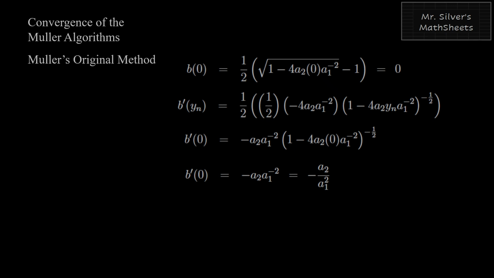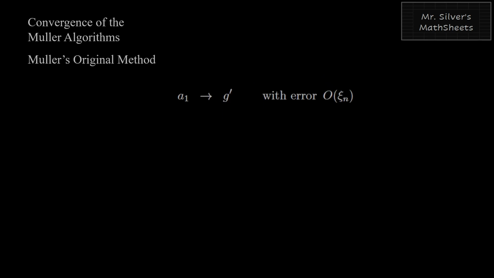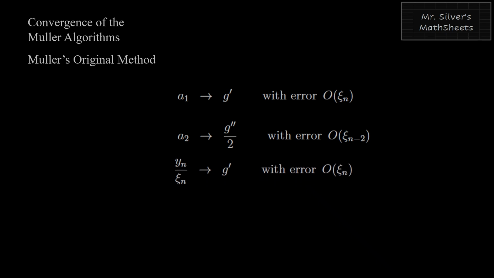Then we'll plug that in for the formula for d, and we'll discover that d is equal to a1 minus a2 y_n divided by a1. Now let's look at a1 and a2, see if we can simplify it a little bit more. a1 goes to g prime, a2 goes to g double prime over 2. y_n is approximately g prime xi_n.